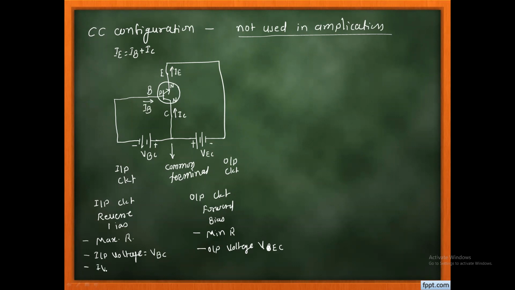Then the input current is nothing but IB and the output current is nothing but IE.